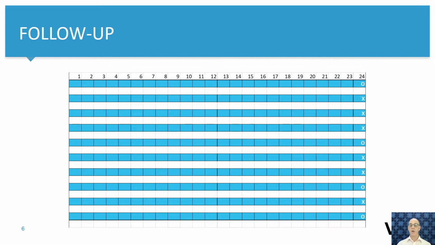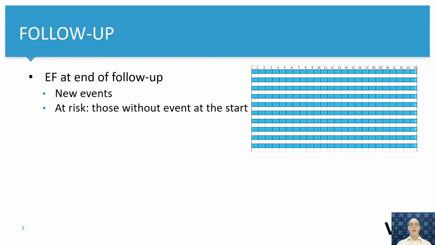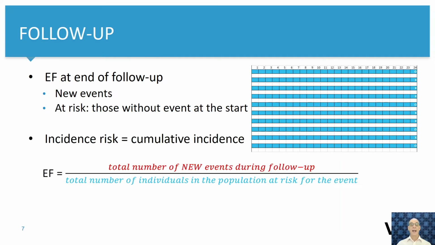They either have the outcome, denoted by an X, or they do not have the outcome, denoted by a 0. We can then calculate the epidemiological fraction at the end of follow-up, which is the number of new events divided by those at risk, those without an event at the start of the observation period. And that gives us the incidence risk, or the cumulative incidence.